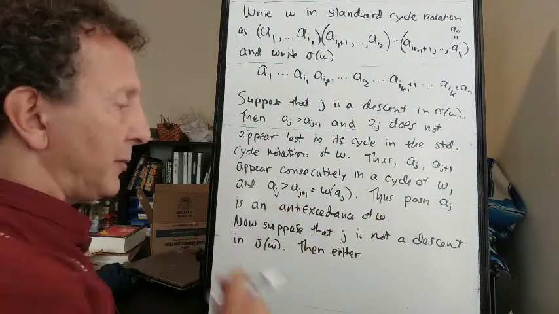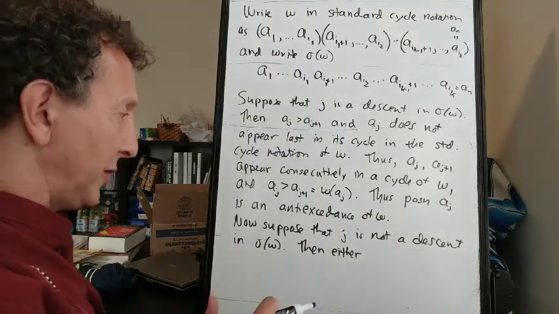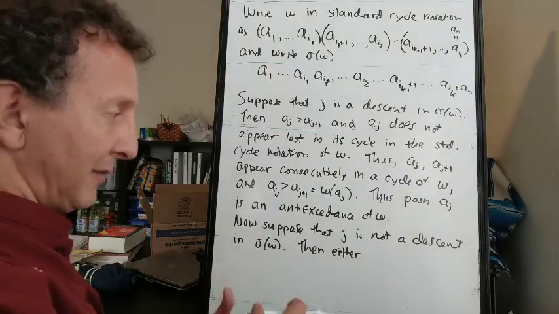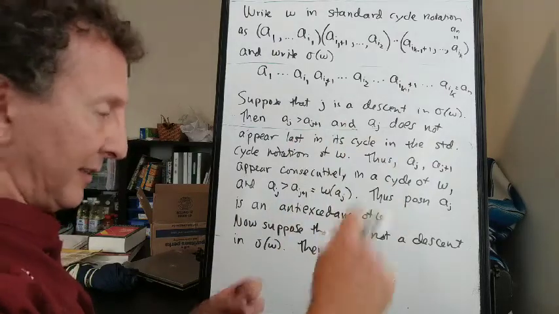So it could be a bigger letter in the same cycle, or, if we're at the end of the cycle in standard cycle notation, the next cycle that's bigger.